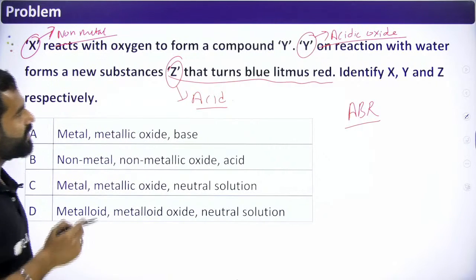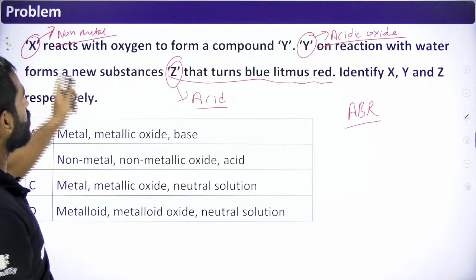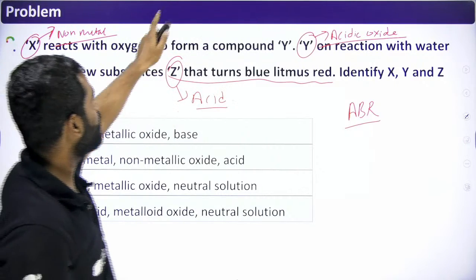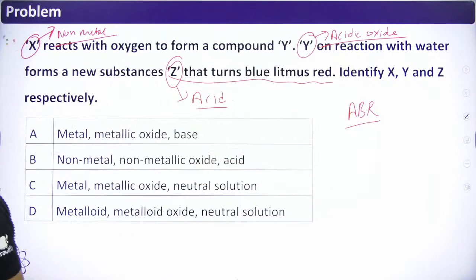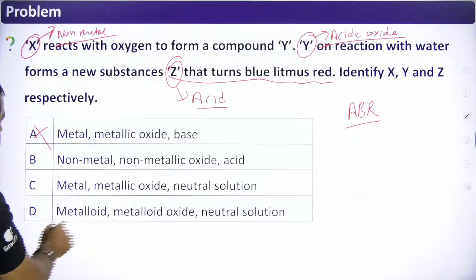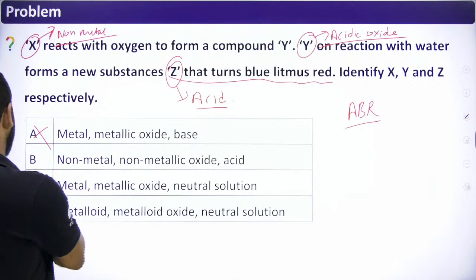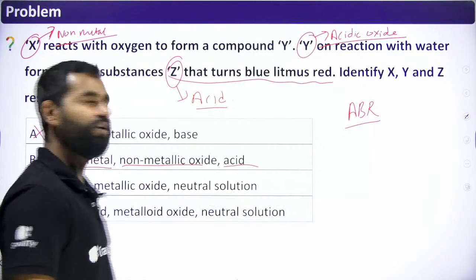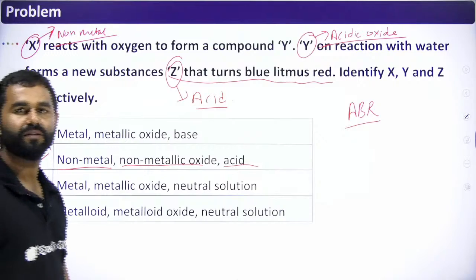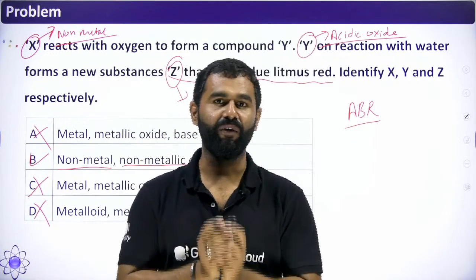So non-metal reacts with oxygen to form non-metallic oxide. Non-metallic oxide reacts with water to form acid. And acid turns blue litmus red. So X is non-metal, then non-metal oxide and then acid. Option B. Simple, right? Such kind of questions usually come and they are good ones.